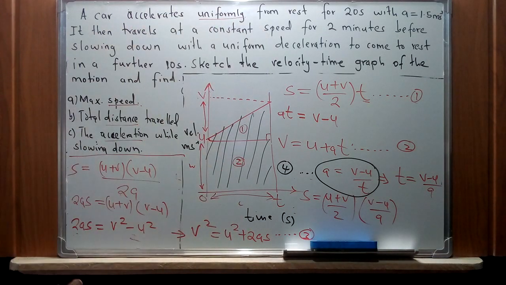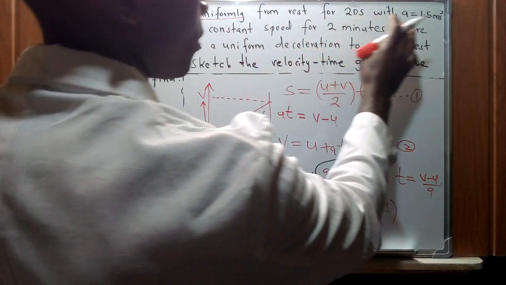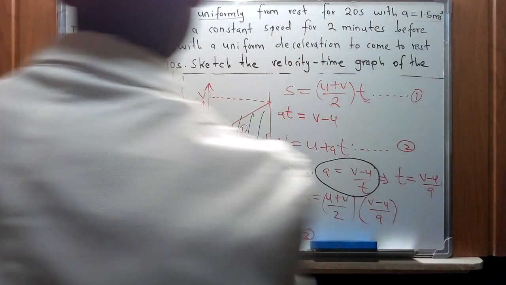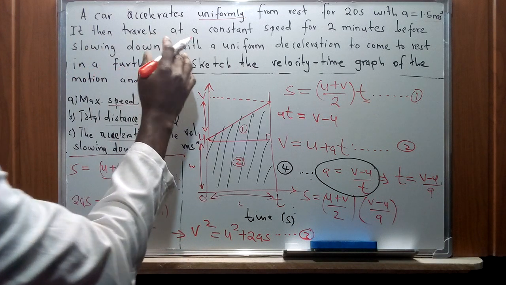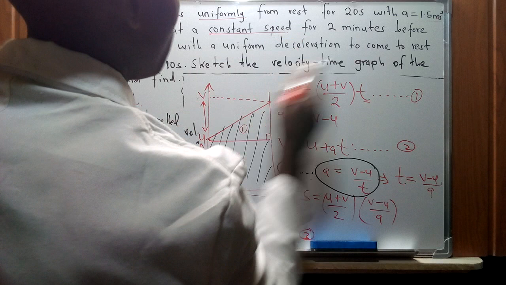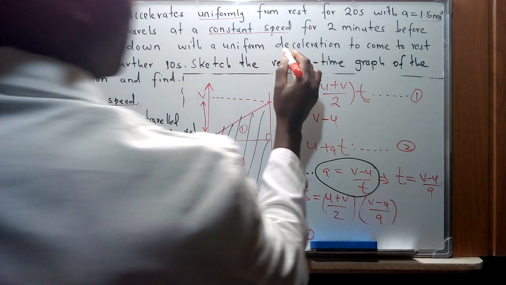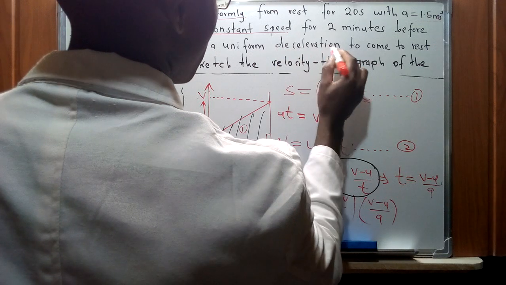We've talked about the concept of uniform acceleration, from rest, this is from the initial velocity, for 20 seconds. This is acceleration. It then travels at a constant speed for 2 minutes before slowing down with a uniform deceleration. Deceleration is the negative of acceleration.